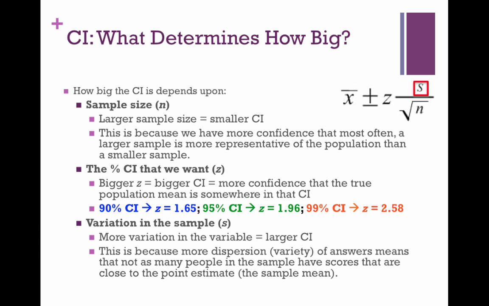The bigger your standard deviation, the more variability you have, which means you're going to have a wider curve. Scores are going to be more dispersed, further away, as opposed to very close and tight-knit to the mean. Think about kurtosis and how peaked or how wide the curve is.